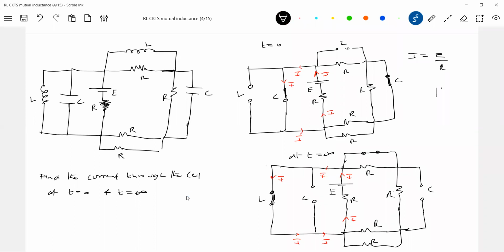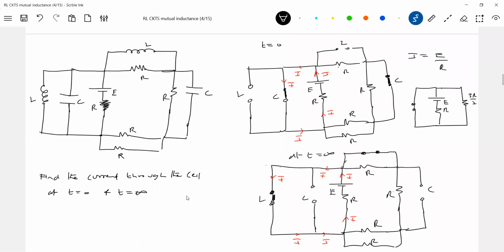It will appear like this. If you simplify, this will be R by 2, and the effective will be 3R by 2. Definitely this 3R by 2 also will be shorted.